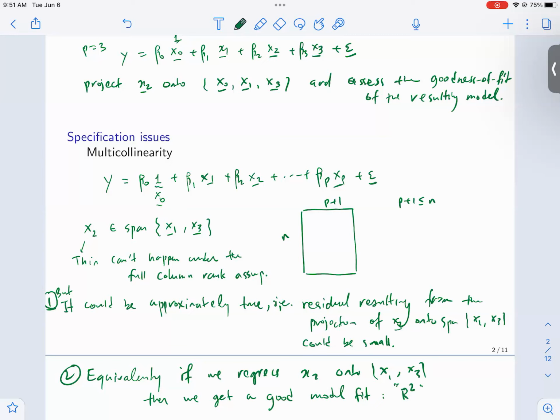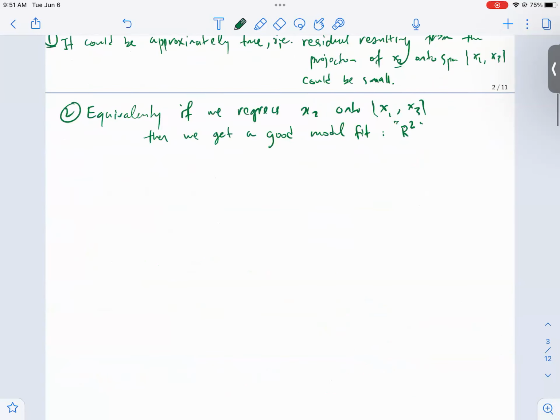Does anyone know? In this severe case where something like this happens, where the assumption of full rank is violated, the issue is that the betas are not at all defined anymore. Okay, so what do I mean by that?